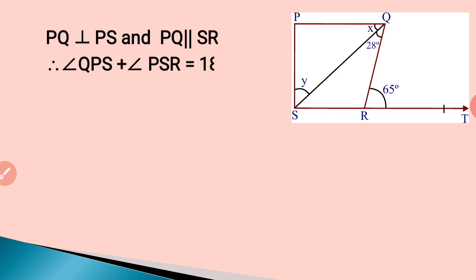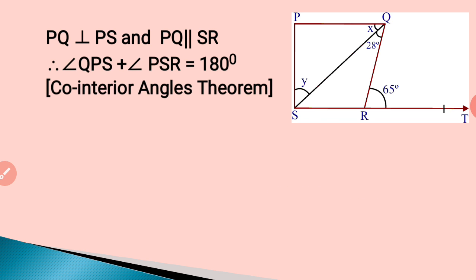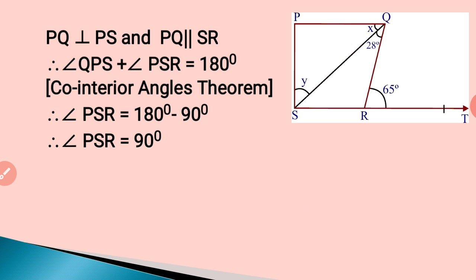So with this, we come to the conclusion that angle PSR is equal to 90 degrees. This is what we have written here. So we have used the co-interior angles theorem and calculated the value of angle PSR to be equal to 90 degrees.